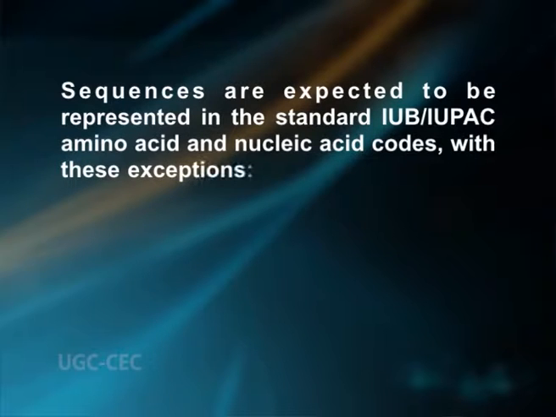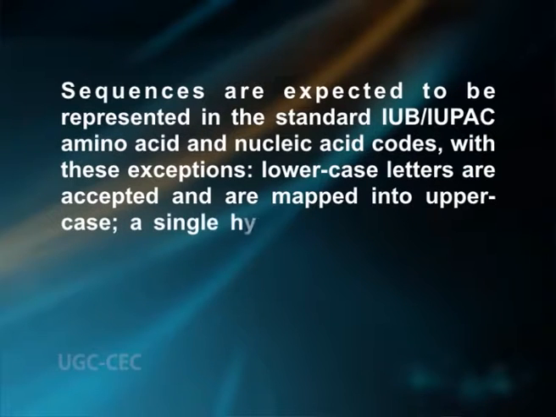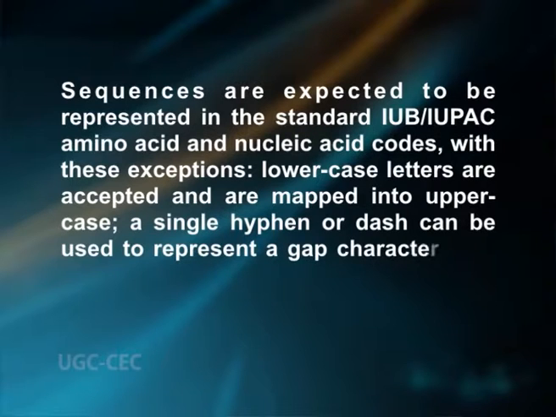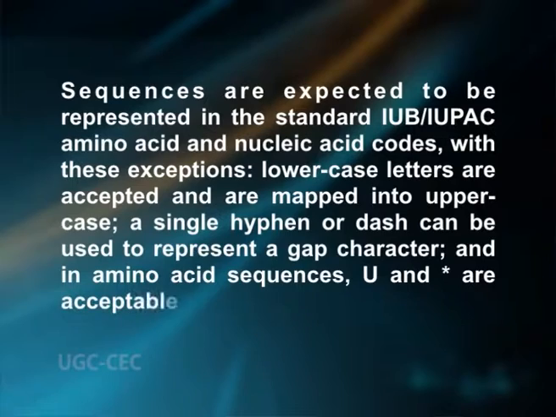With these exceptions, lowercase letters are accepted and are mapped into uppercase. A single hyphen or dash can be used to represent a gap character, and in amino acid sequence, U and asterisk are acceptable letters. Numerical digits are not allowed, but are used in some databases to indicate the position in the sequence.